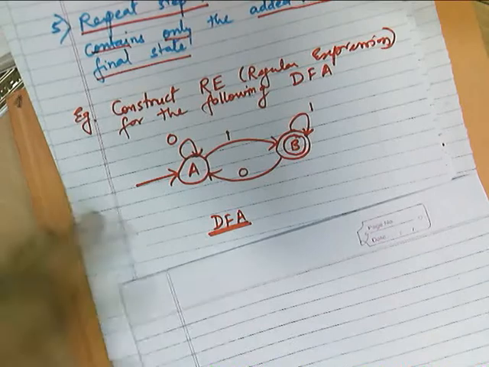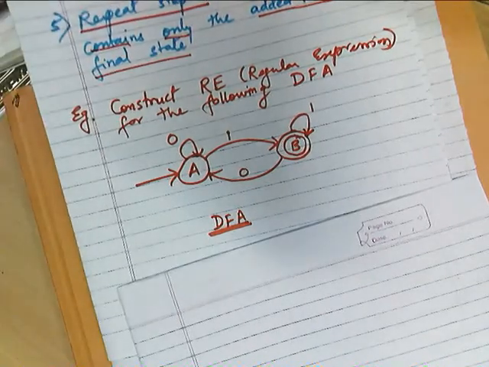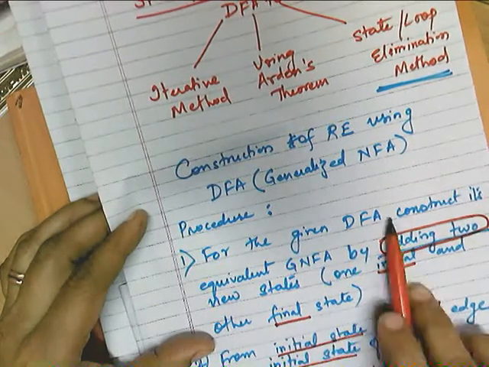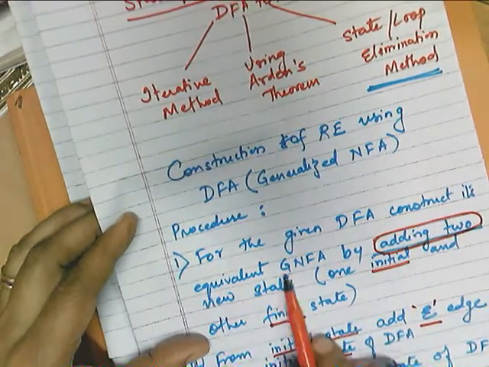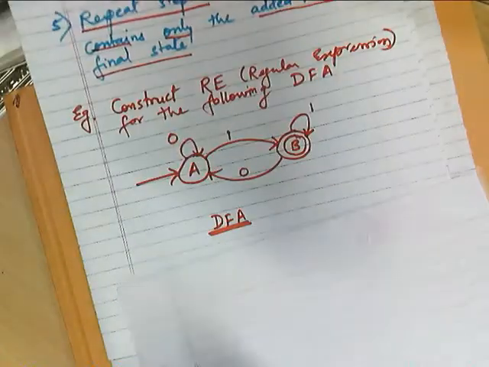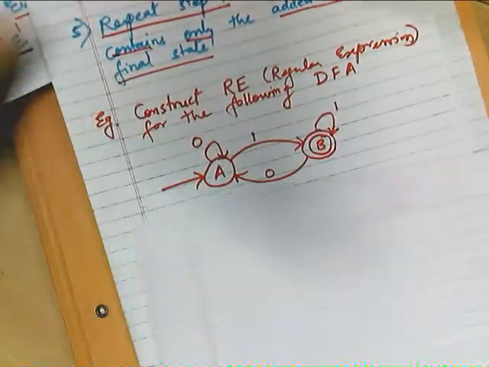So for this DFA we want a regular expression. What is our first step? Our first step is, for the given DFA, construct its equivalent GNFA by adding two new states, one initial and other final state. Now where to add, how to add, we will see here.